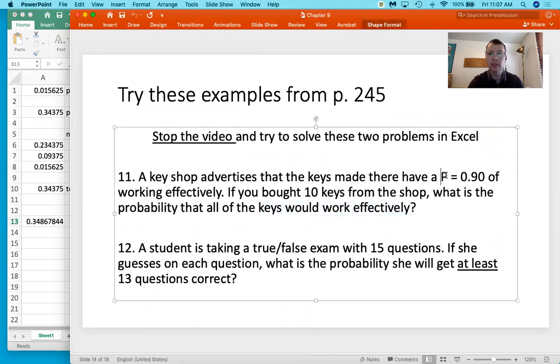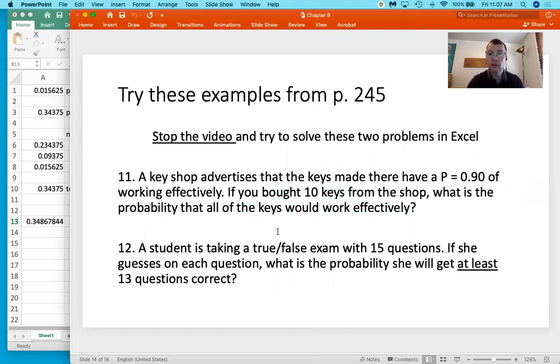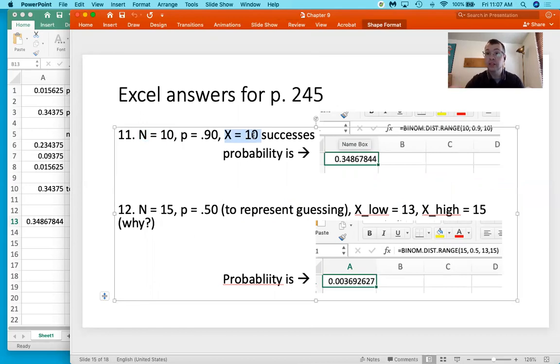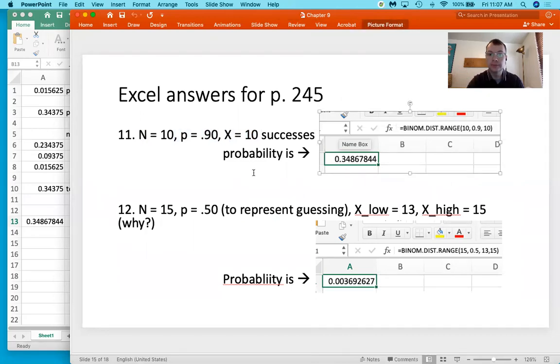So P is always the probability of the event of interest happening in one trial, and then we're given a piece of information that we've got to solve for a number of trials. So across n equals 10 trials, what's the probability of x equals 10 successes, or working keys, with a probability of a single key that's made working of 0.9, and we found it.